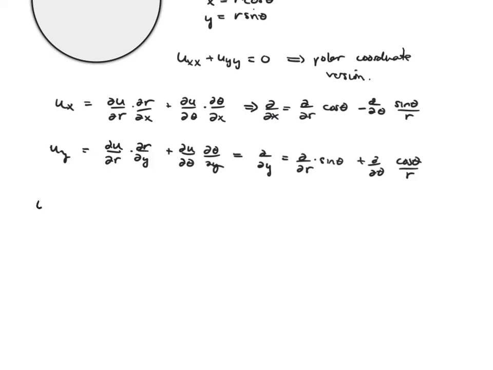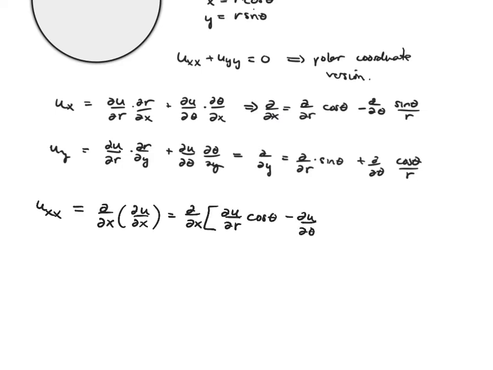The derivative of u with respect to x, nested twice, is applying this derivative operator already to the derivative of u with respect to x, which is the derivative with respect to x of, well, we've got it written up there, derivative of u with respect to r, and then we multiply by cos theta, minus derivative of u with respect to theta, sine theta over r.